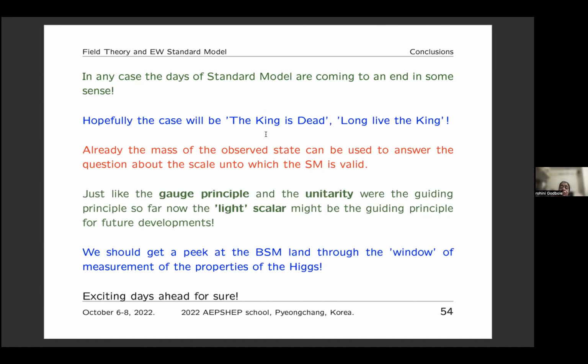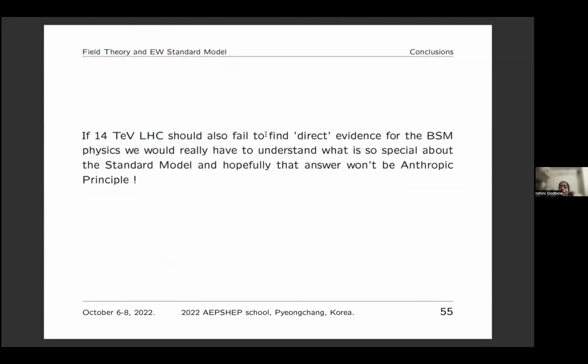And maybe we will get a peek at the BSM land through the window of the measurement of the properties of the Higgs and the top, which is what many of you are interested in and working on. So all I can say is that if the 14 TeV LHC, even with the high luminosity run, doesn't find any direct evidence for BSM physics, we really have to understand what is so special about the Standard Model.